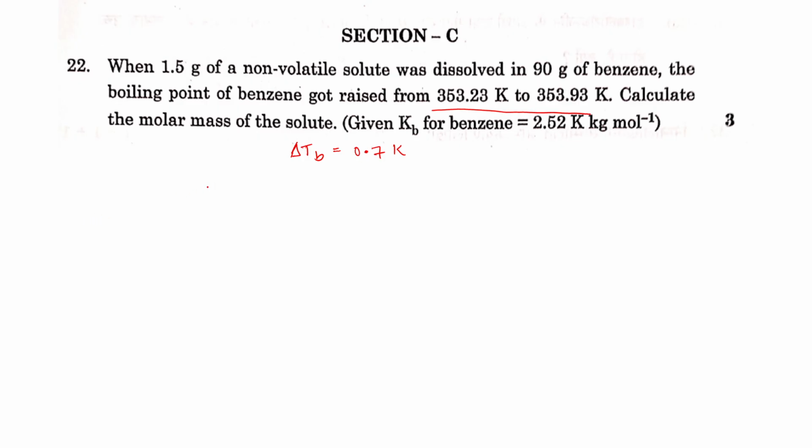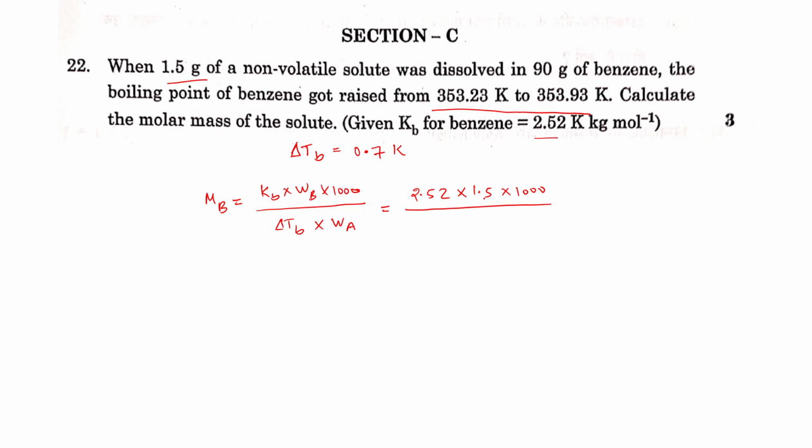Okay, so we know the formula. Formula is MB equals KB into WB into 1000 divided by delta TB into WA. So directly put all these values. KB is given, this is KB 2.52. WB we already know it is given 1.5 gram. So WB is 1.5 multiplied by 1000 divided by delta TB.